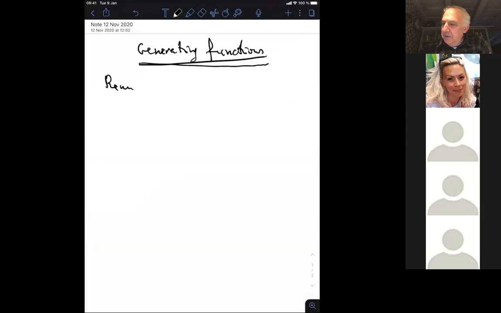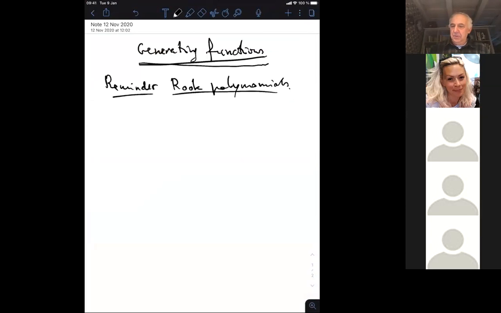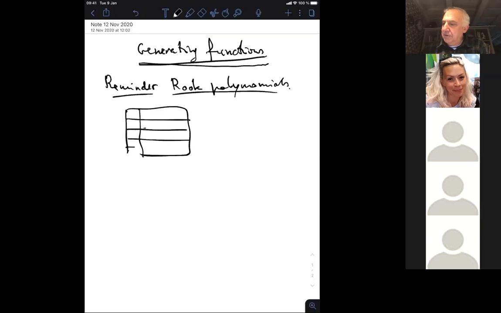So just a brief reminder of what we did last time to keep track of things. We were discussing rook polynomials, and this is a very nice notion. The base of this is that we're given some kind of funny chessboard, where we take the usual chessboard, but not the standard one, a rectangular one, say with n times m squares, and then we forbid a bunch of squares, any collection, whichever we want.